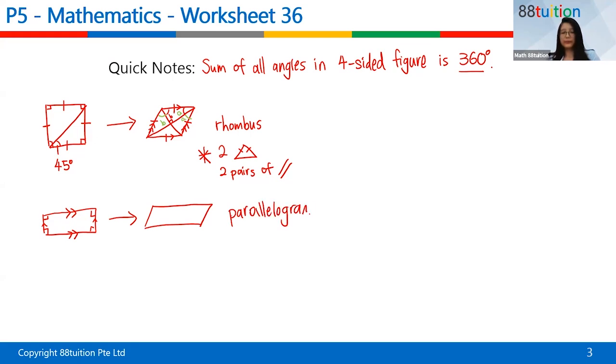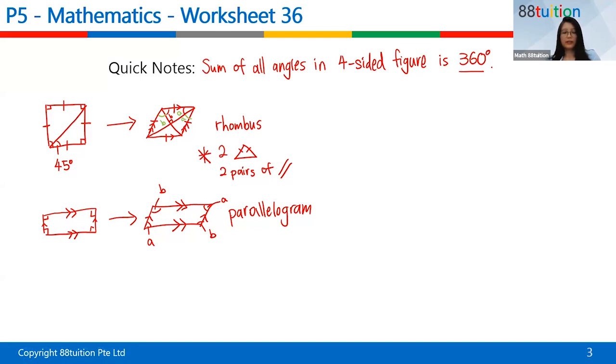A very typical property is two pairs of parallel lines. So this also has two pairs of parallel lines. Take note, this angle here is the same as this angle here. Same thing, this angle here is the same as this angle here.